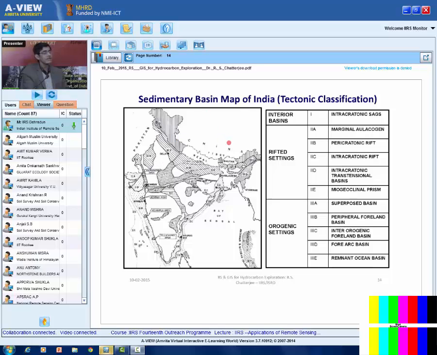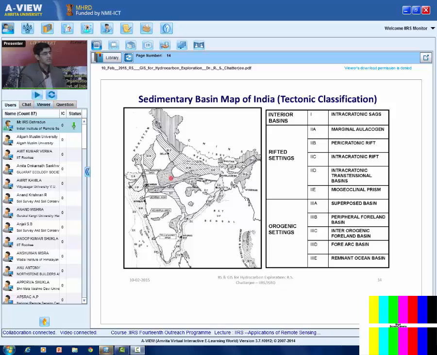Now, where can this oil and gas or petroleum occur? It is in sediments. So we need to know the sedimentary basins in the country. So this is one sedimentary basin, tectonic map of the sedimentary basins. You can see the different areas where the sedimentary basins are occurring. Okay, so what is important is that the geological age of the sedimentary basins is very, very important.